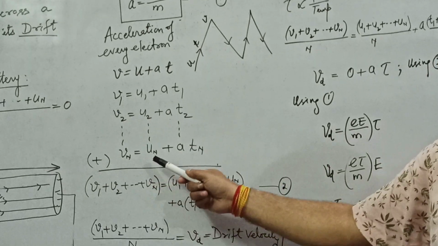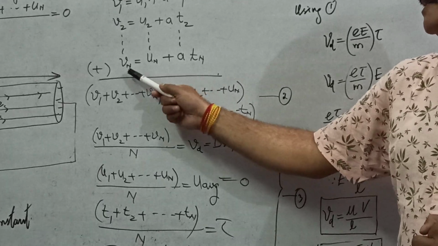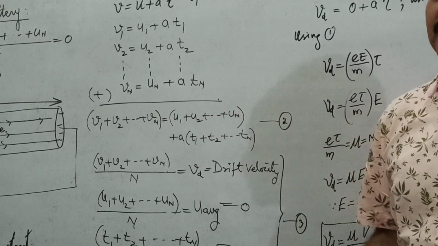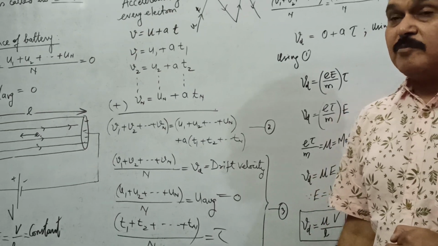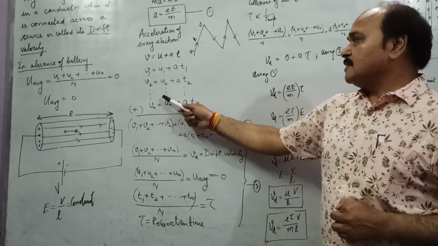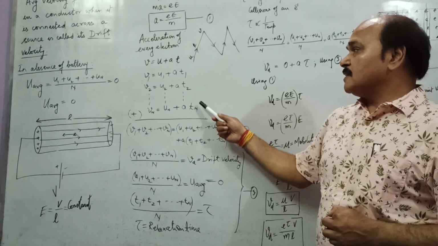This is the initial velocity along the nth free path, and this is the final velocity. We are again applying the same formula for the equation of motion in one dimension. These are the final velocities, these are the initial velocities, these are the times between two consecutive collisions, and the acceleration is a.